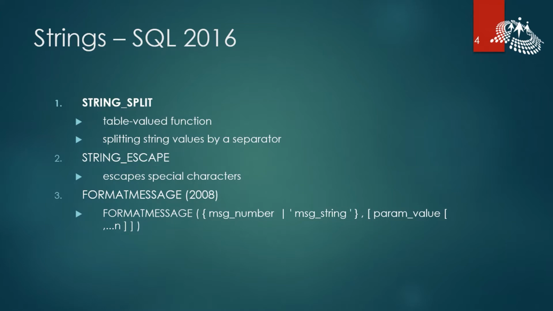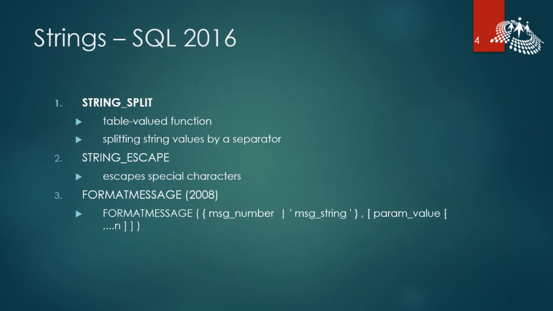The function returns a single-column table with fragments, and the name of the column is value.